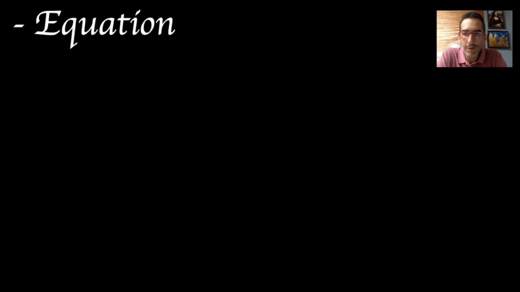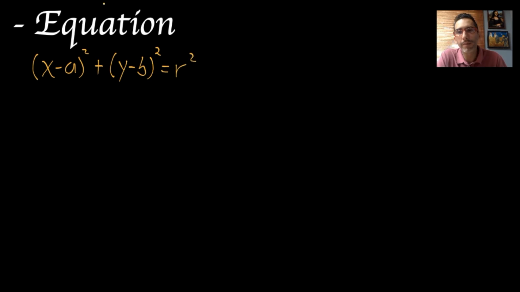Now let's talk about the equation of a circle. The general form is given by this: x minus a squared plus y minus b squared equals r squared.